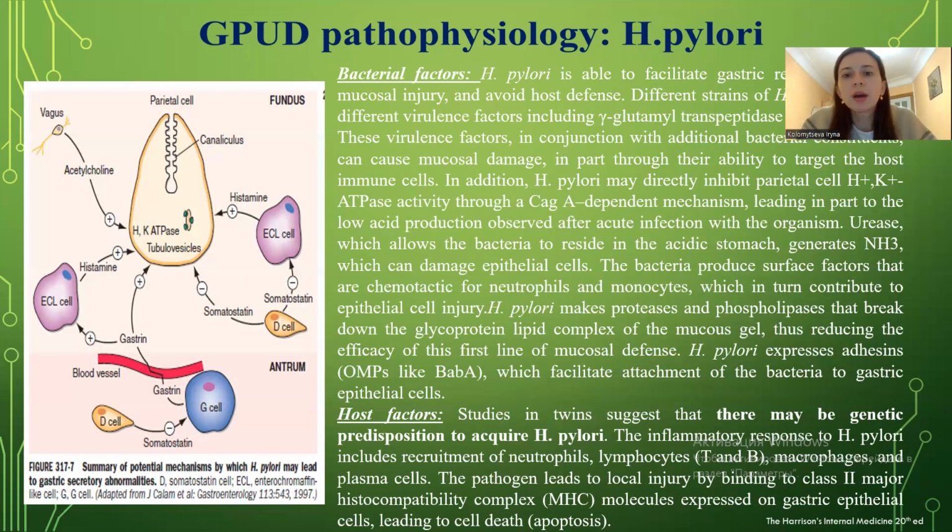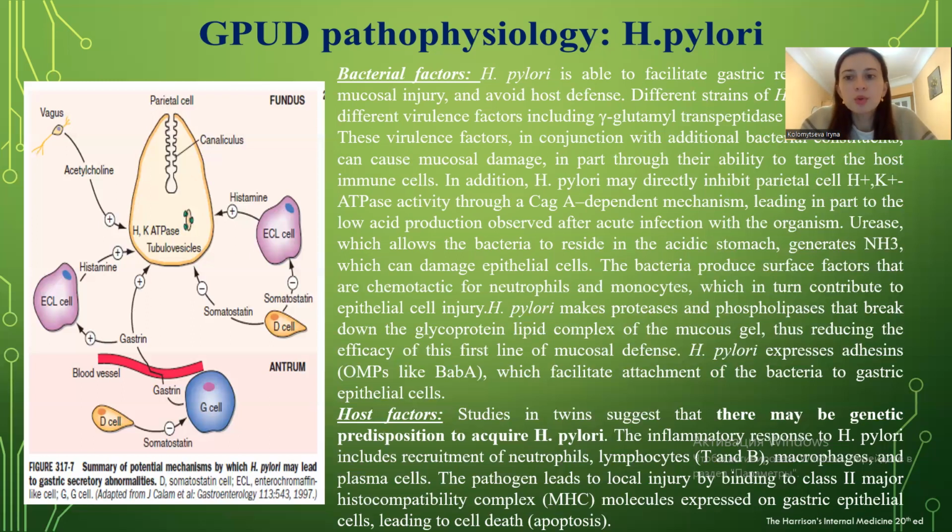activity through a CagA-dependent mechanism, leading in part to the low acid production observed after acute infection with the organism. Urease, which allows the bacteria to reside in the acidic stomach, generates NH3, which can damage epithelium.